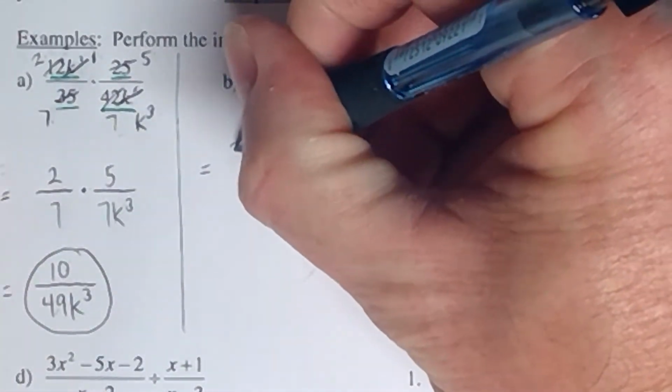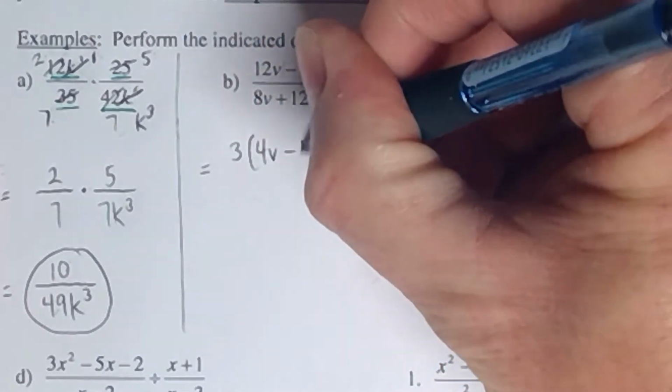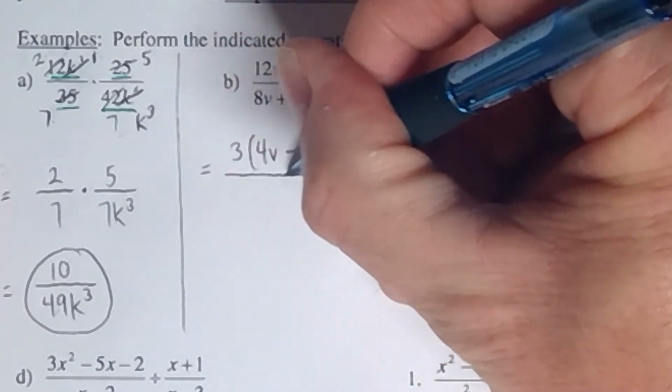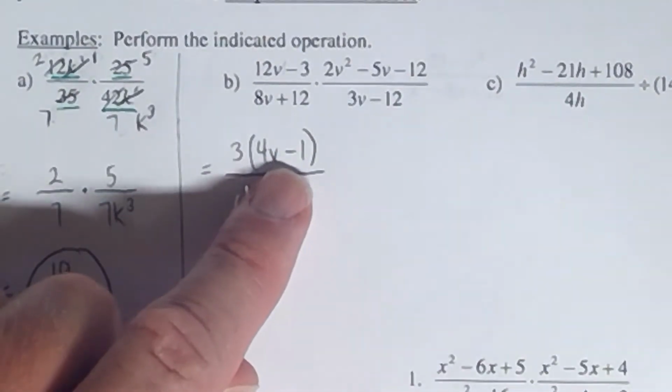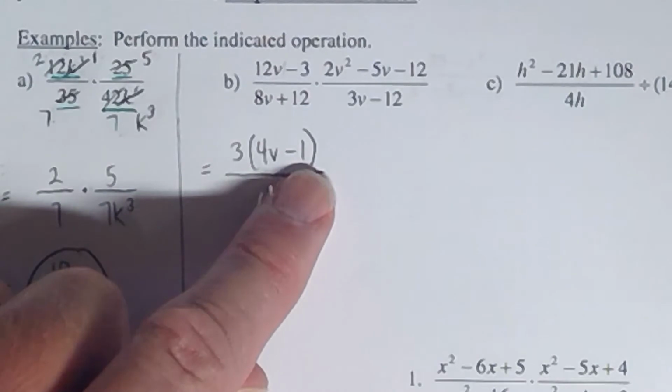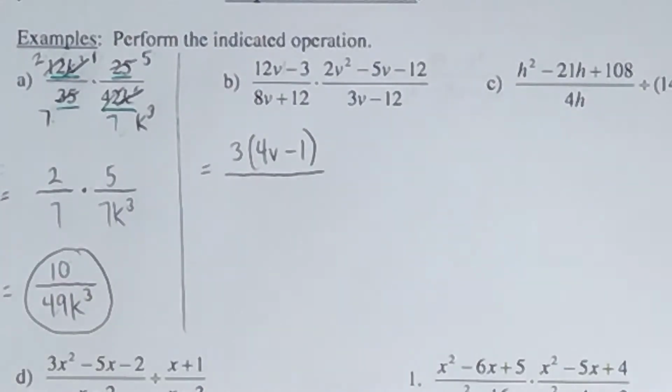But this right here has a GCF. And then as you guys know now, the 4v minus 1 is prime because, as we talked about when we're factoring, if you have two terms and it has a variable to the first power, that's automatically prime.